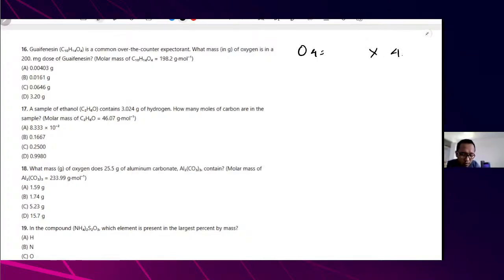So we need to determine for 1 mole first, so 0.2 gram per 190.